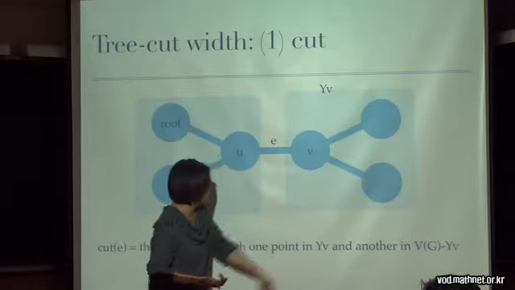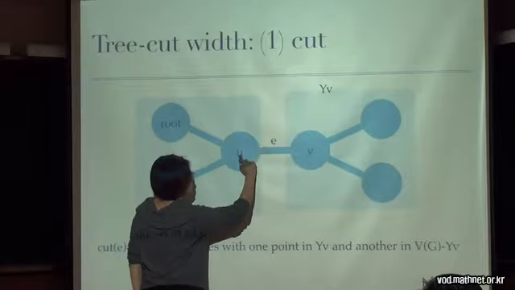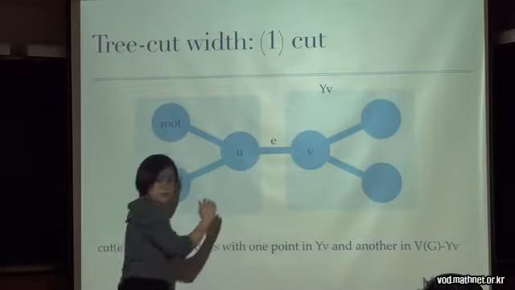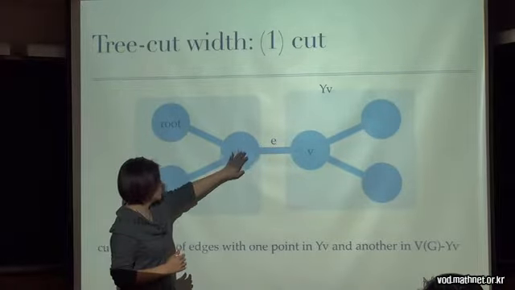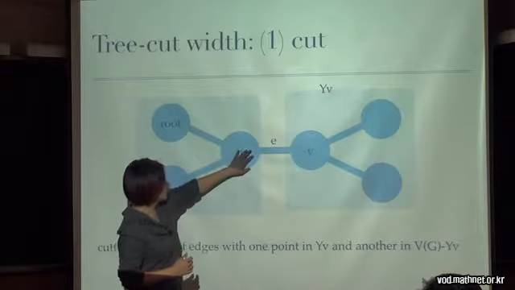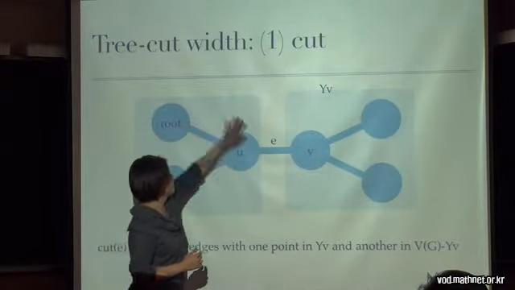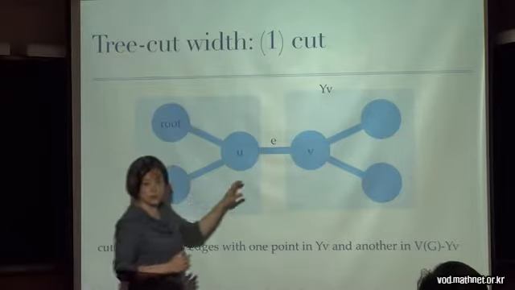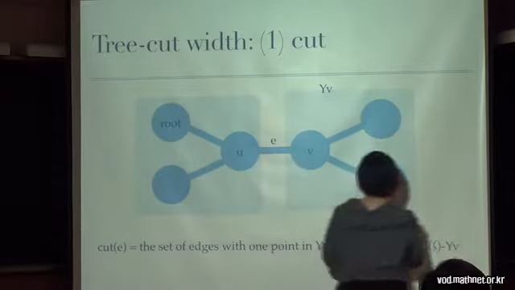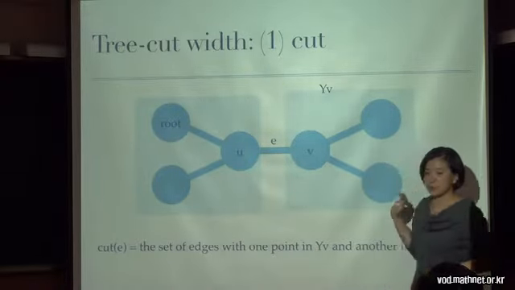And what is Y(u)? Let u and v be the endpoints of e, and you can consider the union of all the bags on one part of the tree, and the union of bags of the other part of the tree.